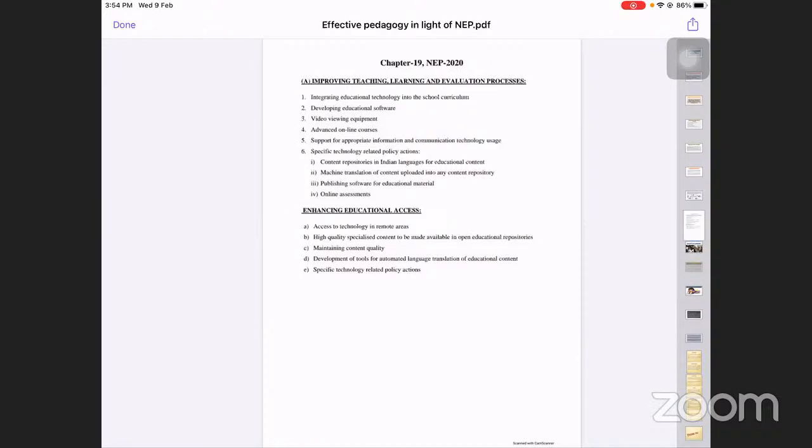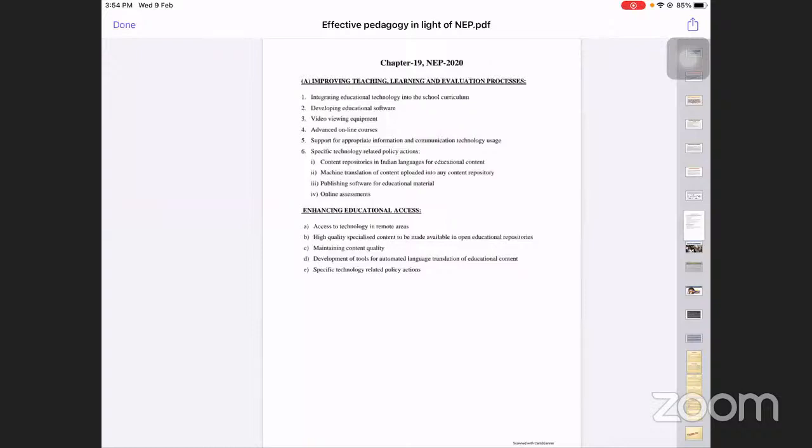As I told you, the reason behind this is that in the coming century, all the students should be familiar with this kind of thing, and the higher education institution must be technologically sound. The traditional way that we have followed is quite old, and technology is very essential to keep the students up to date.